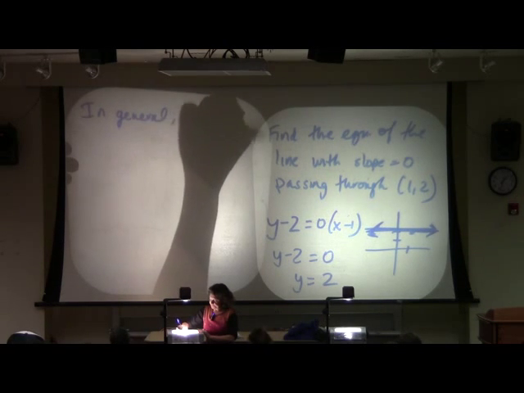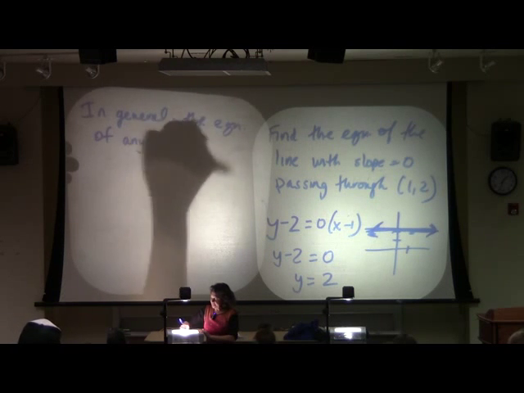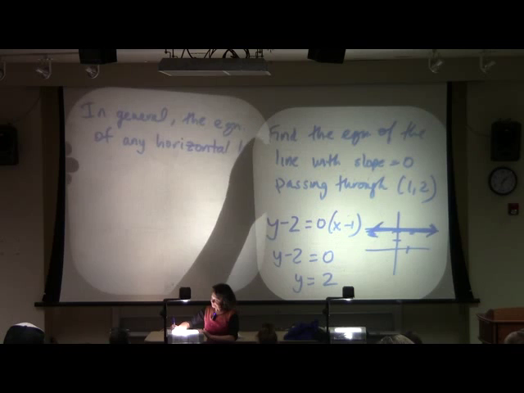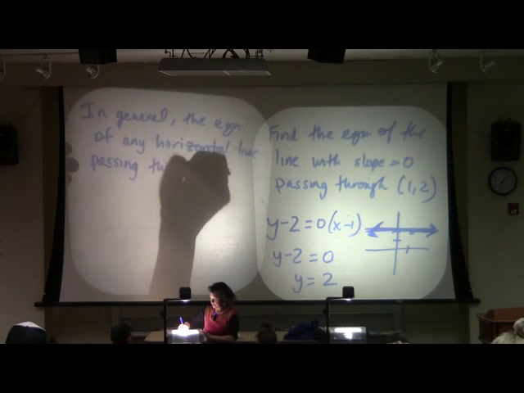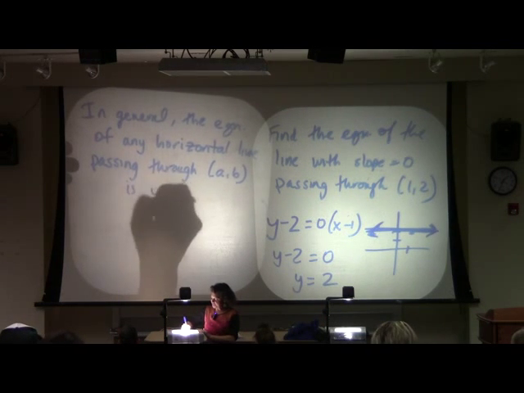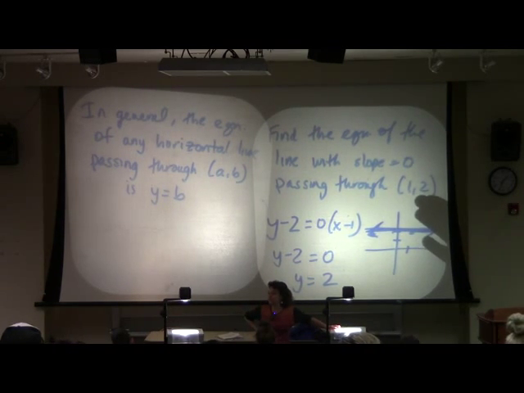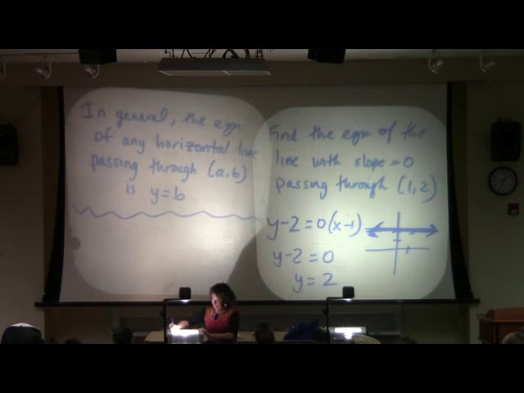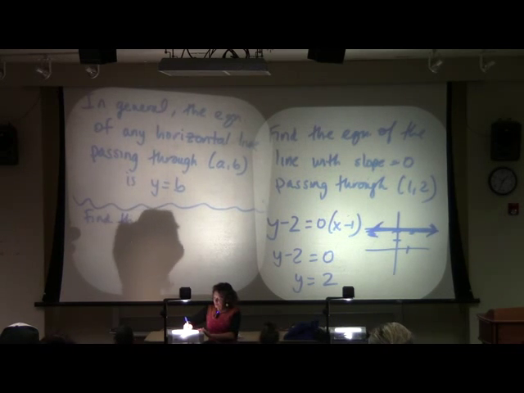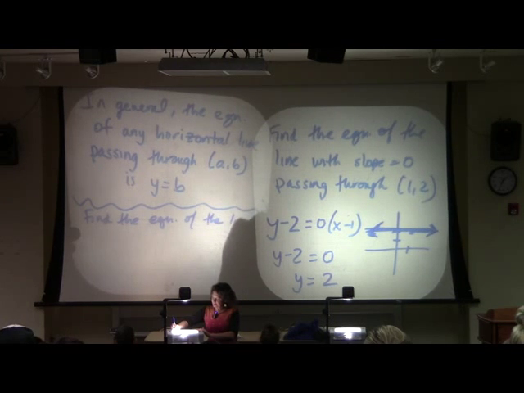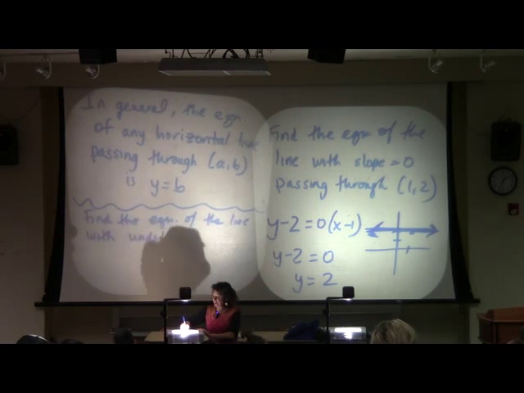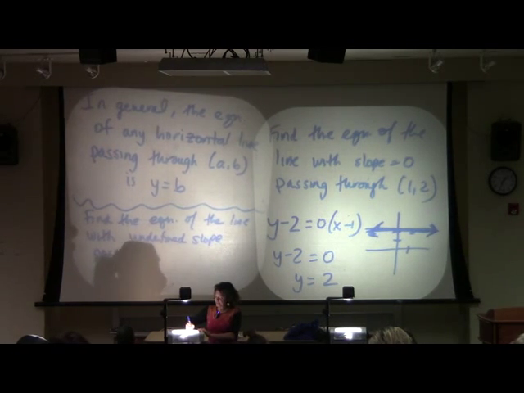In general, the equation of any horizontal line passing through (a, b) is y equals b. Now, what about the equation of a line with undefined slope passing through (1, 2)?